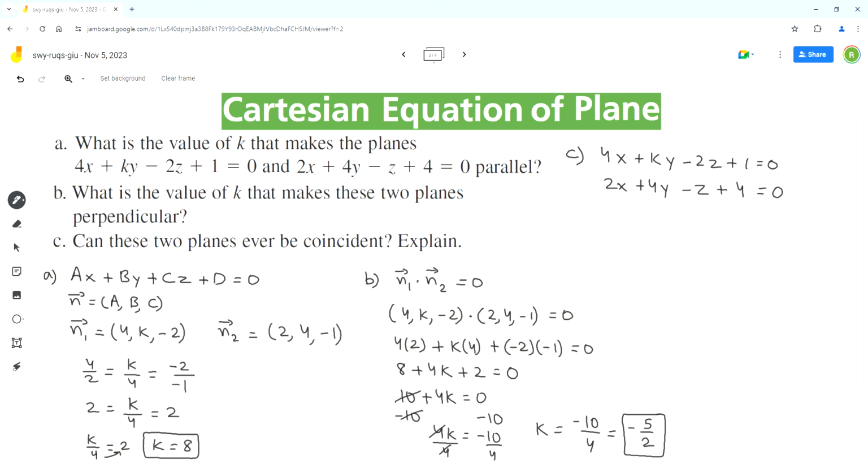That means if we multiply one equation by a number, do we get the other equation? For that, we can check the ratios of the coefficients of x, y, and z terms and the number terms. So the number terms in these two equations are 1 and 4. So we should write the ratios of the coefficients and the number terms.